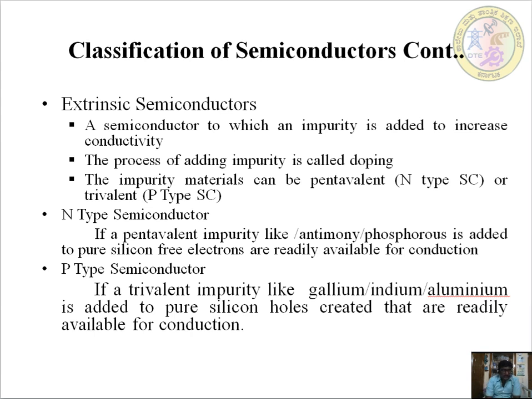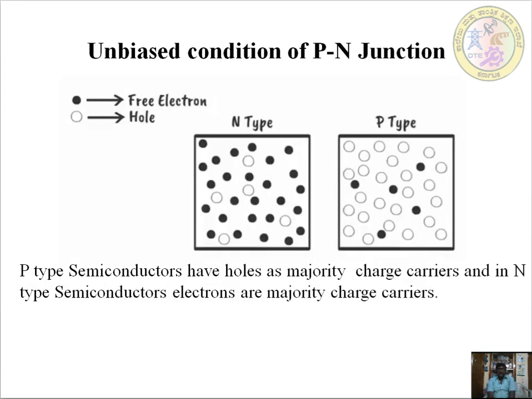Okay, next is the unbiased condition of the p-n junction. Here they have shown the n-type and the p-type. In the representation, the dark dots are the free electrons, and the gap is the hole. In n-type, the free electrons are more and the holes are very few: free electrons are the majority carriers and holes are the minority carriers.